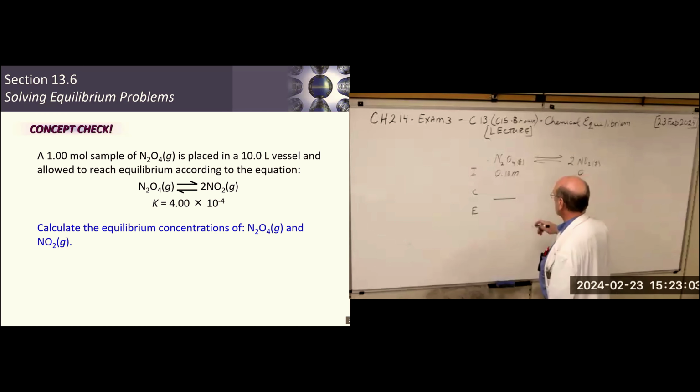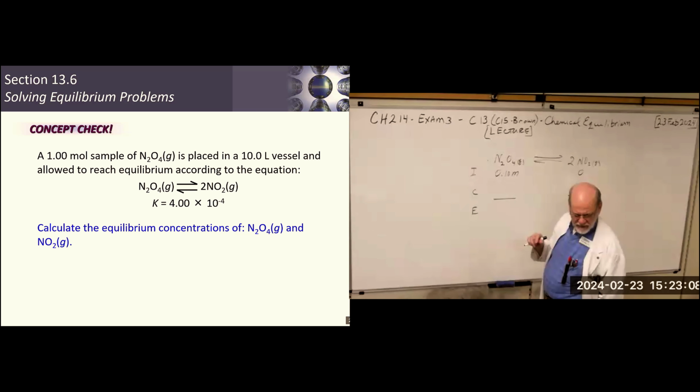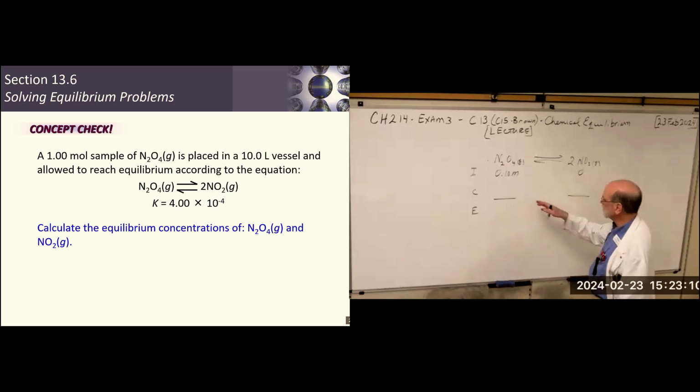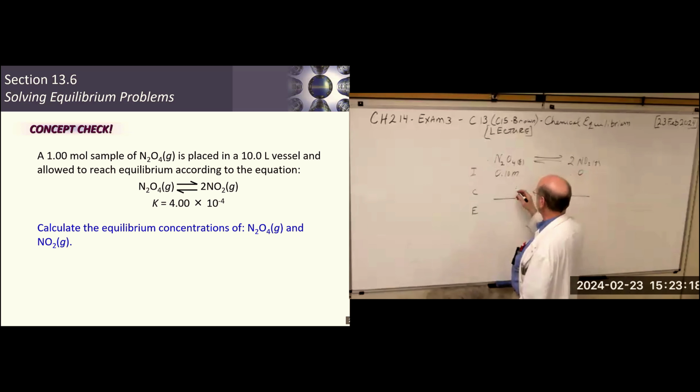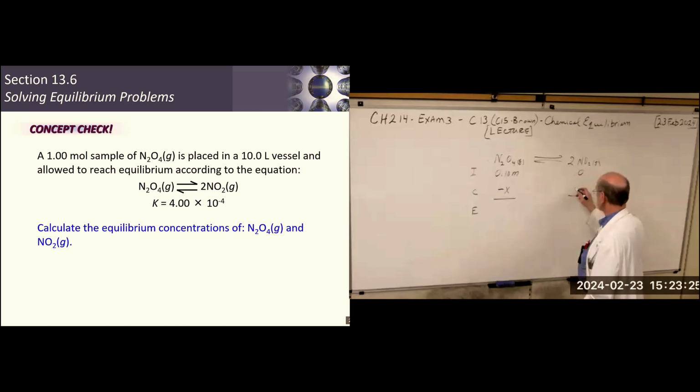Let's see. So if we lose, let's see, calculate the equilibrium concentration of N2O4. We're going to do both of them, so it really doesn't matter. If this loses 1x, this is going to show up as 2x.